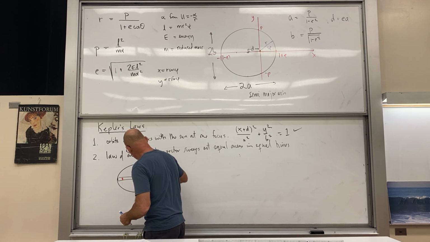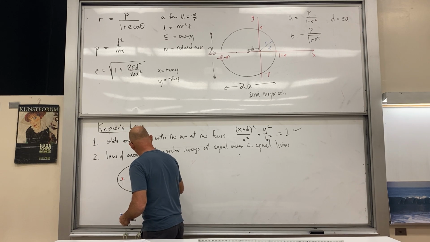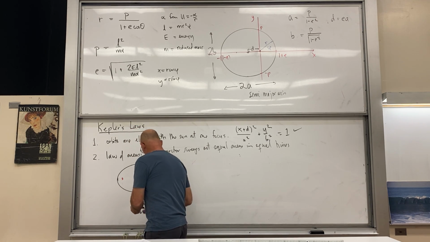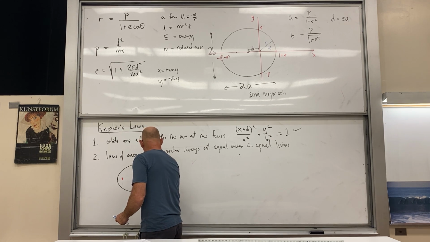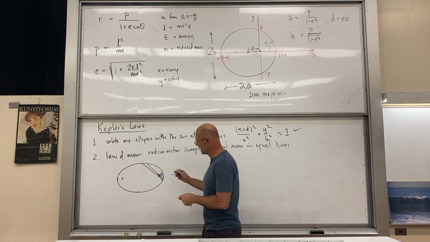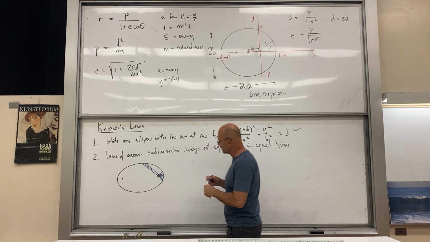In fact, I don't have to go to the opposite end here. I could go some later time like out here, and then I'd be shading this part. So those are those areas in equal times.